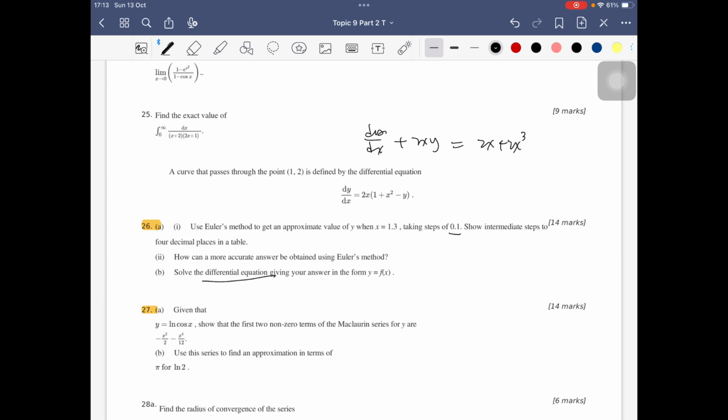But it's too much sometimes, so we can find the proper step length. Anyway, if you want a more accurate answer, then you can go for smaller step lengths.